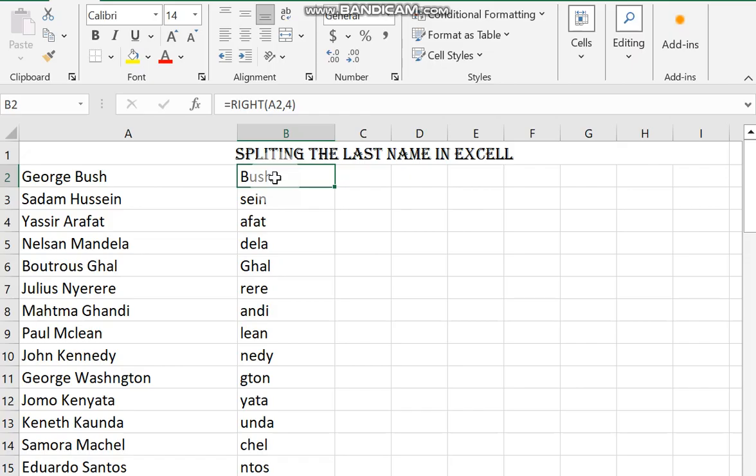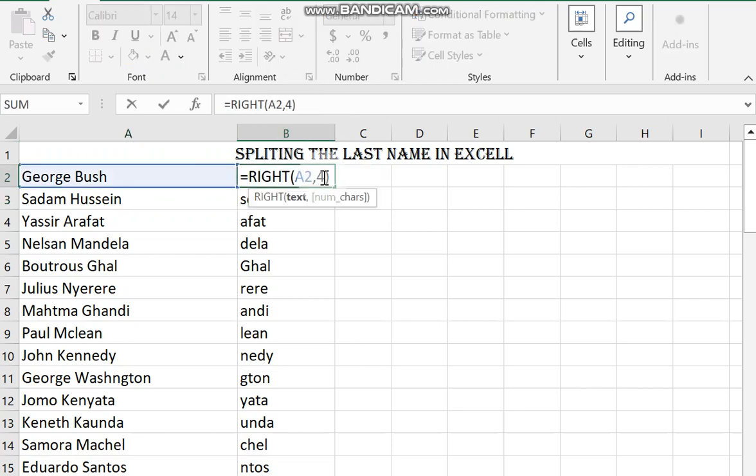Now, how do we resolve it? The starting point is the demarcation of the first name and the surname. The demarcation is the space. Now, we have to devise a formula in which we'll be using the space as a criterion for the number of characters.